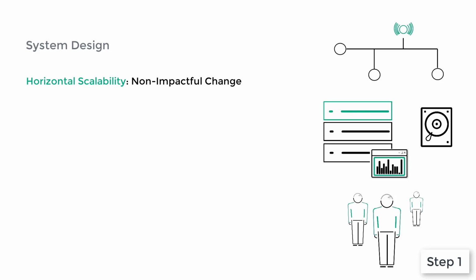And one of the key critical items is the implementation of a non-impactful architecture. That means essentially that I can add capacity to my infrastructure without changing the configuration of the component that's being expanded.